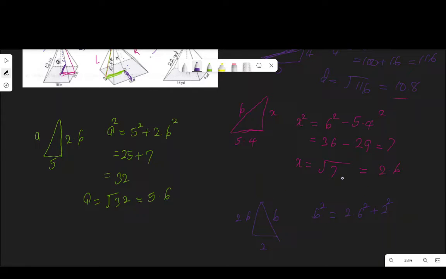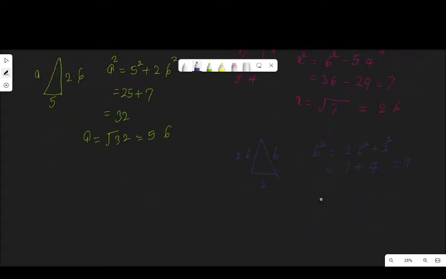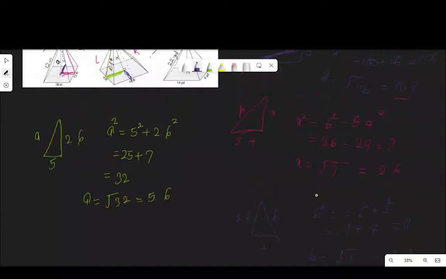So 7 plus 4 is 11. B therefore will be the square root of 11, and the square root of 11 is 3.3 approximately.